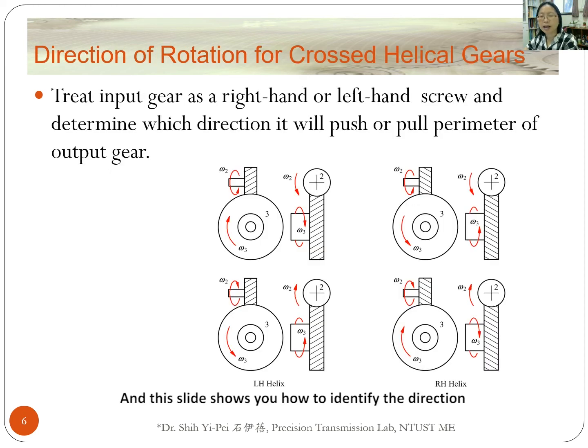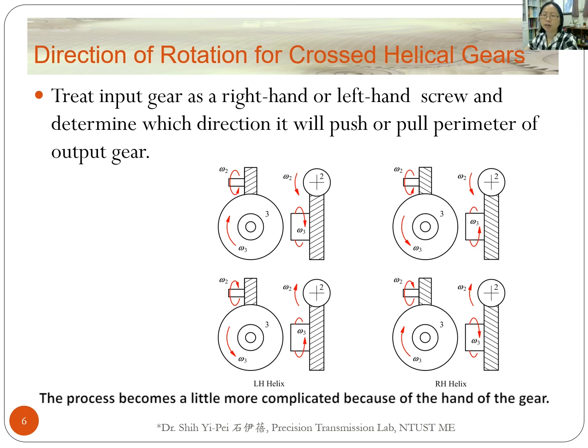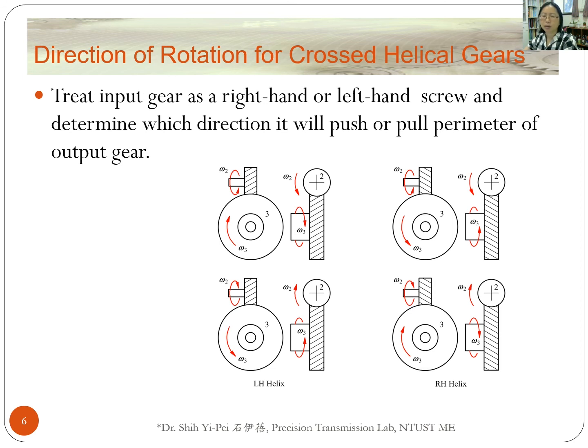And this slide shows you how to identify the direction of rotation for crossed helical gears. When crossed helical gears and worm gear pairs are involved, the process becomes a little more complicated because of the hand of the gear. To determine the direction of the pinion relative to the gear, we treat the pinion as a screw and the gear as fixed.